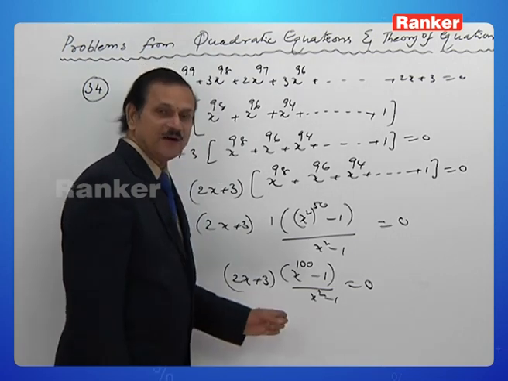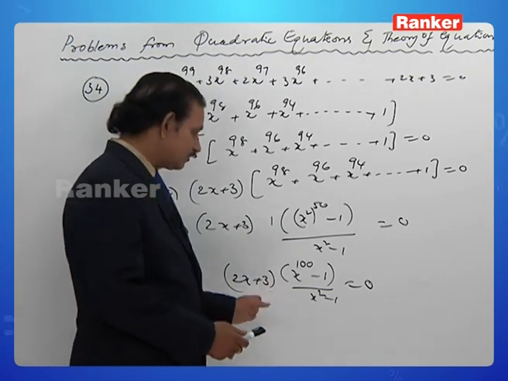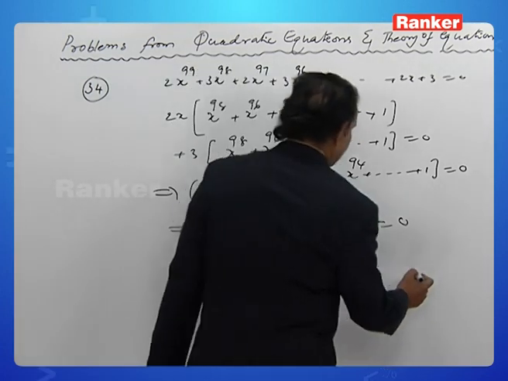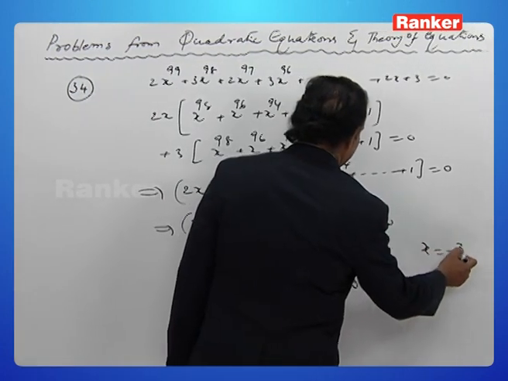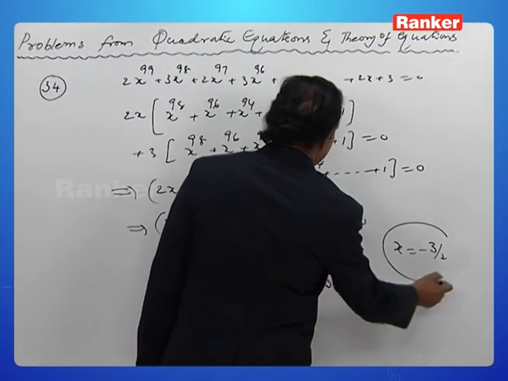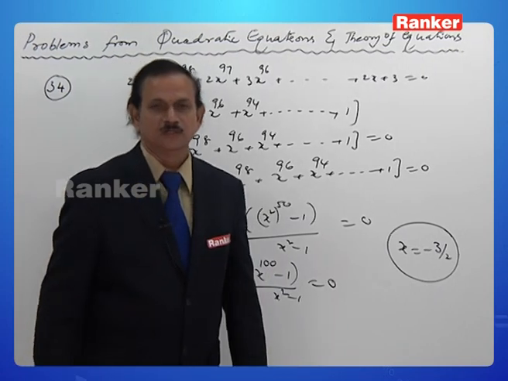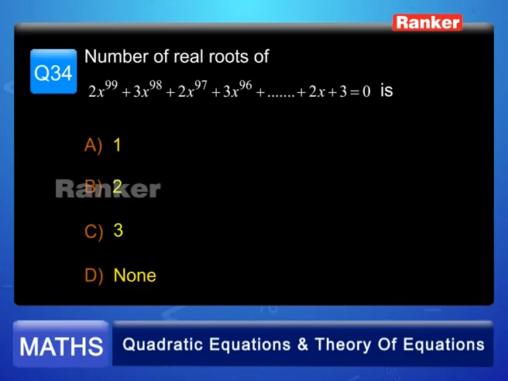Therefore, the only possible root here is from 2x plus 3 equal to 0. Then x is equal to minus 3 by 2, the only possible real root of the equation. How many real roots are here? Only one real root, so option A is correct.